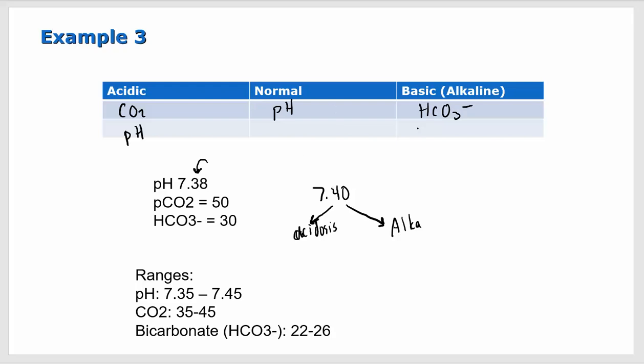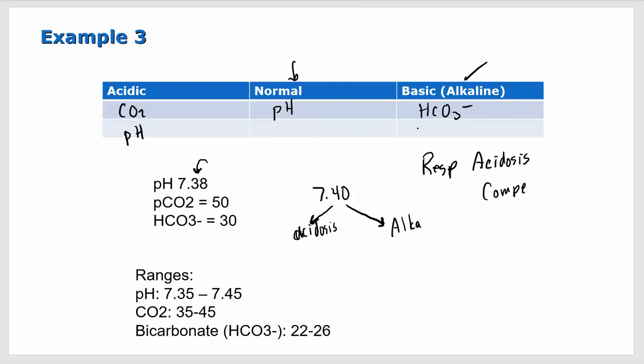So if we ask the question, first of all, what do we have here? We have respiratory because it's being caused by carbon dioxide, so it's respiratory. And it's acidosis. But because our pH is in the normal range, it's compensated.